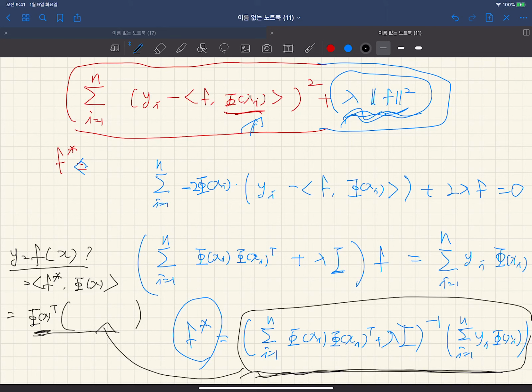But when we carefully check this equation step by step, in the end we have a very nice shape, and the computational complexity for that form is not so huge.